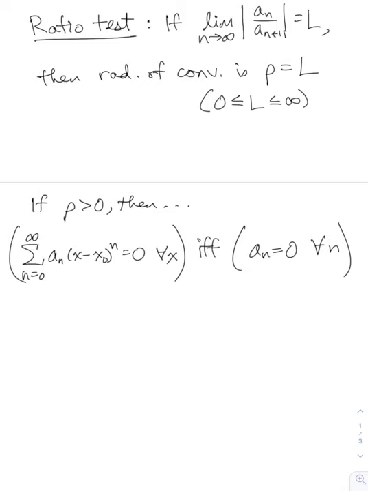A mathematically equivalent way of saying that is that two polynomials are equal as functions if and only if they have the same coefficients. And this fact here is telling us that that same thing is true not just for polynomials but for power series as well. Okay, so two power series are equal to the same function if and only if they have the same coefficients, and in particular it's equal to the 0 function if and only if all the coefficients are 0.